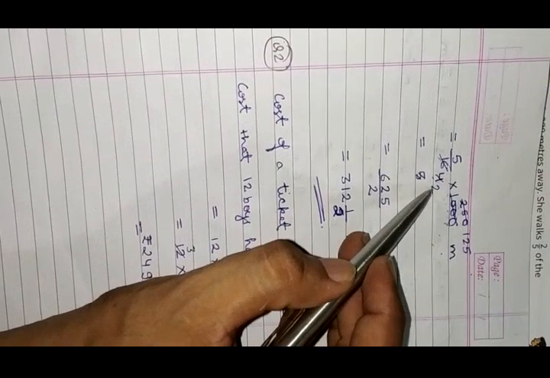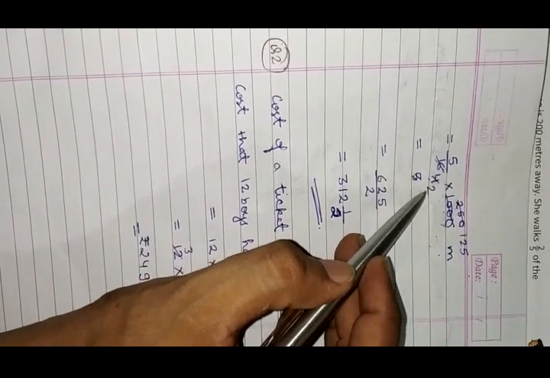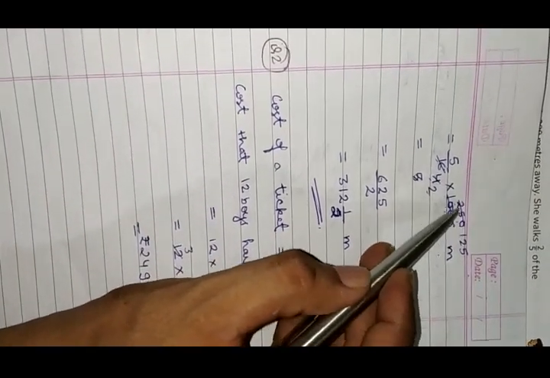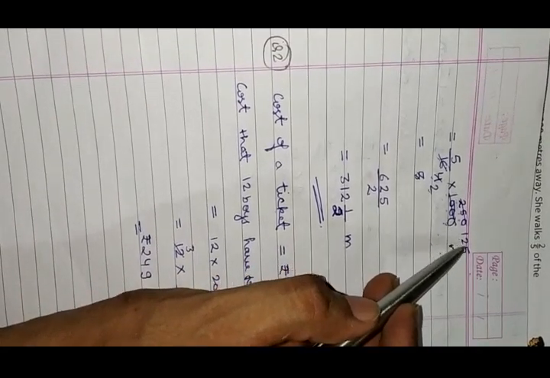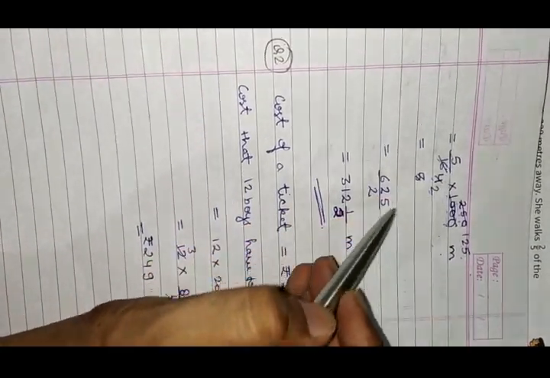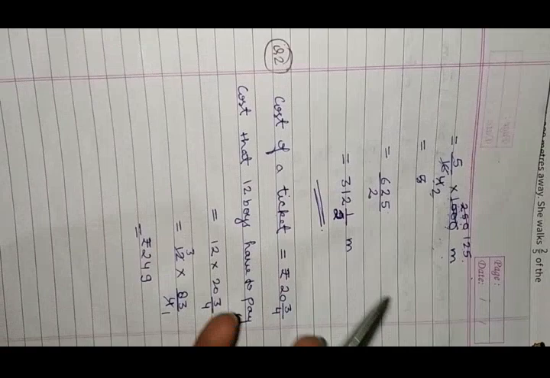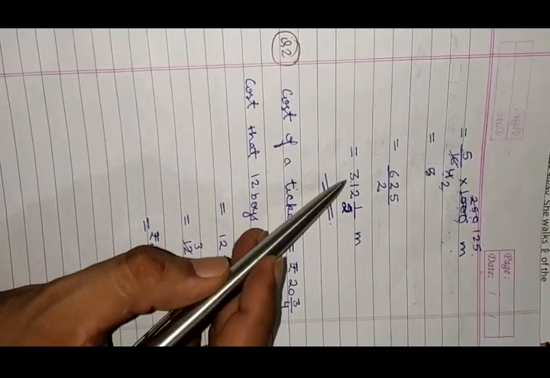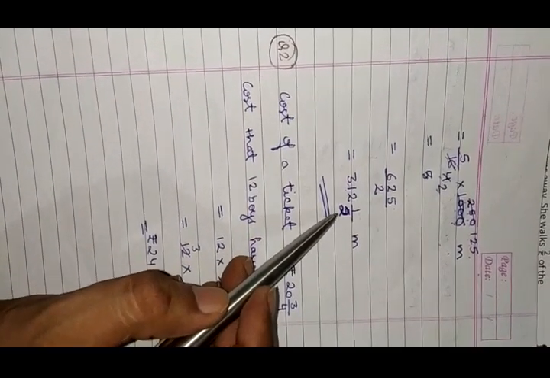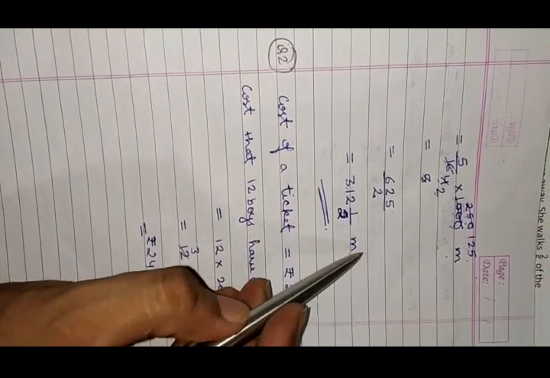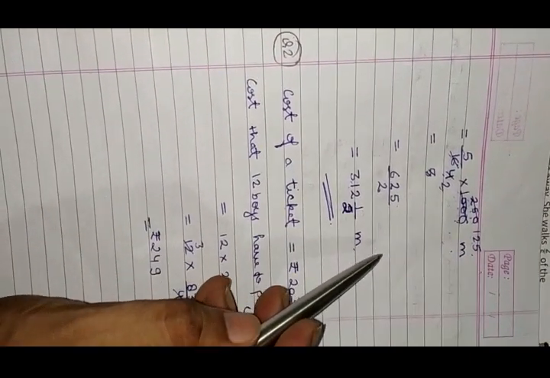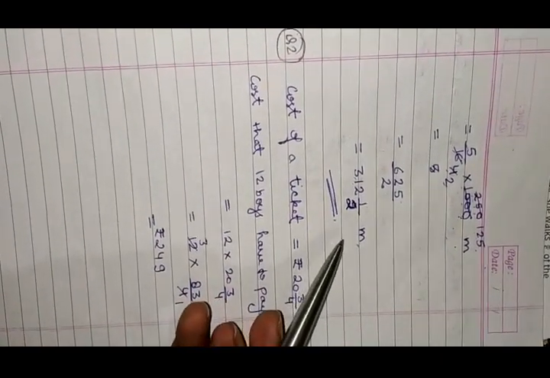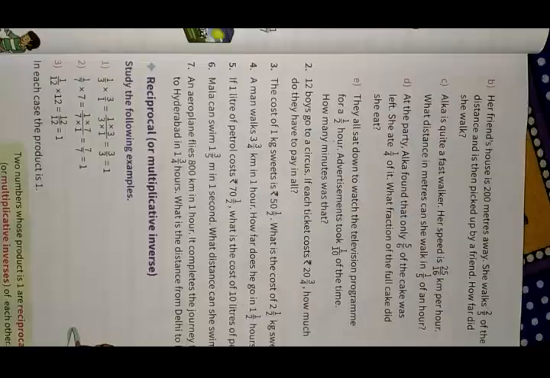Again there is a common factor 2. 2 twos are 4 and 250 divided by 2 is equal to 125. 125 times 5 is 625/2. Now convert to a mixed fraction: 312 1/2 meters. This is the total distance covered in 1/5 of an hour.